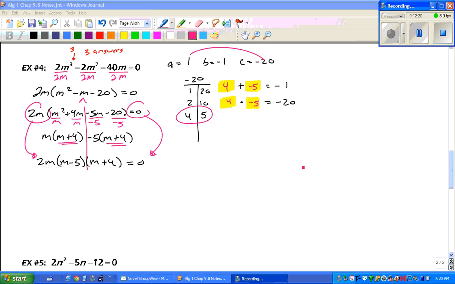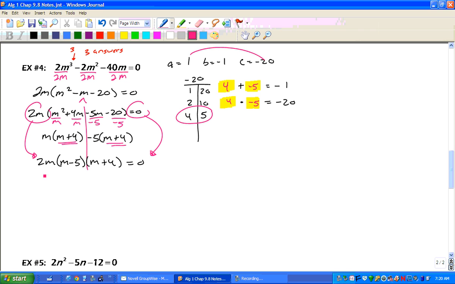Okay, so after you factor that, you should have gotten 2m, m plus 4, and m minus 5. Okay, so now everything that has a variable, you need to set equal to 0. Remember how we said our highest exponent was 3? That means we were going to have 3 answers. Okay, so we're going to set the 2m equal to 0, the m minus 5 equal to 0, and the m plus 4 equal to 0.